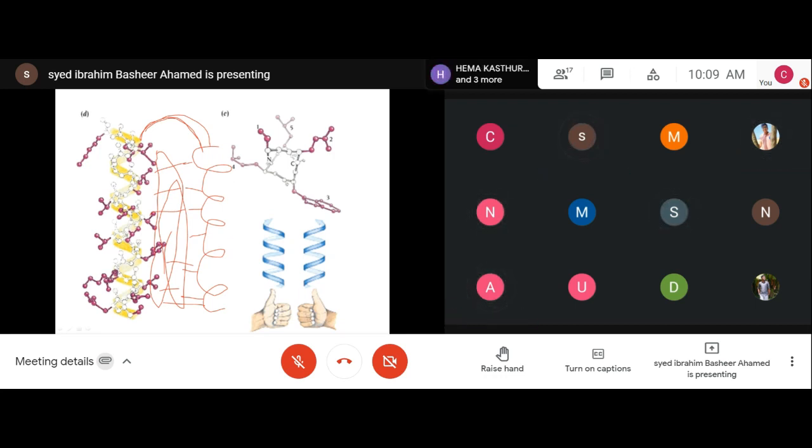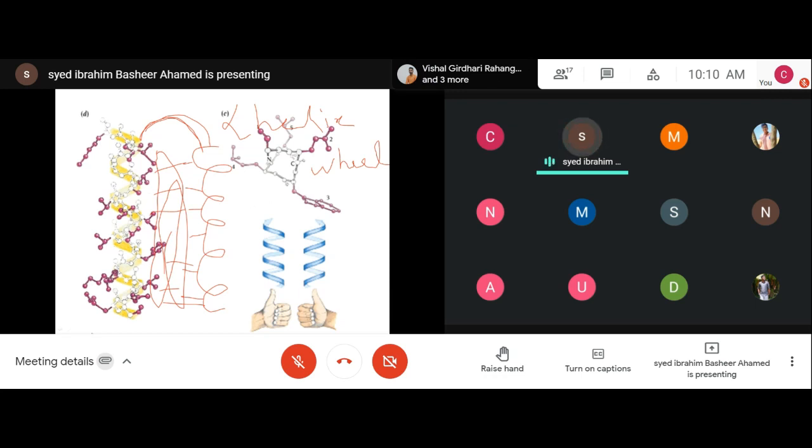There is a program called something like Alpha Helix Finder or wheel. I think Alpha Helix wheel. You can just Google it, Alpha Helix wheel, and it will give you some software.